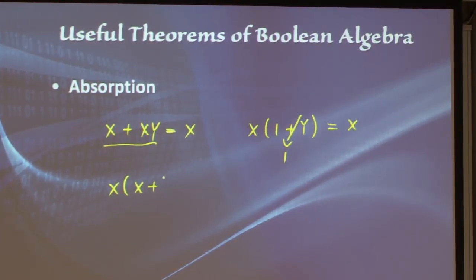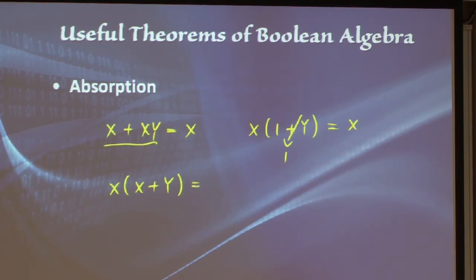Its dual is also true. Which, first of all, it's proven just because I proved the first one, and the second one is just its dual. I could go on and prove this as well if I factor it out.